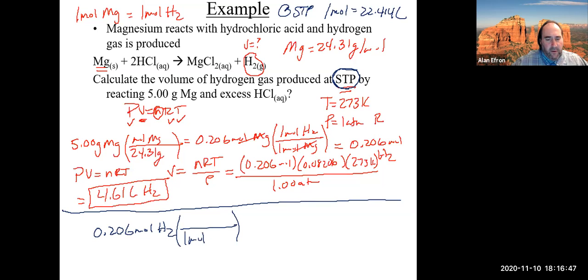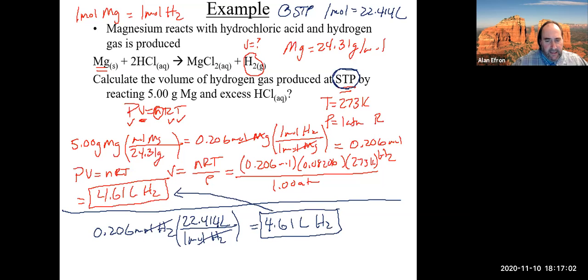That 1 mole of H2 would be 22.414 liters. The moles cancel out, and you should end up with 4.61 liters as well. So that would be an alternative approach. As you can see, you get the same answer no matter what.